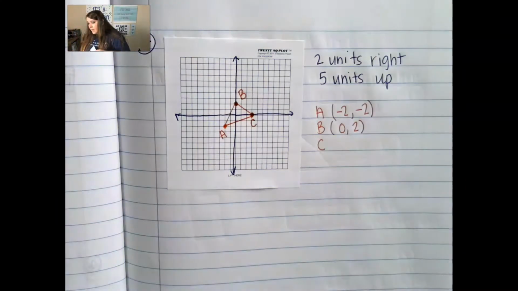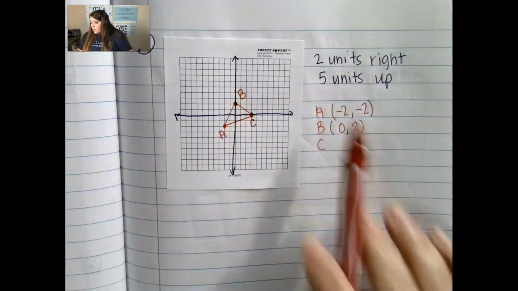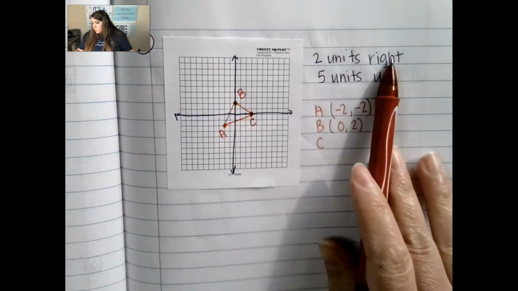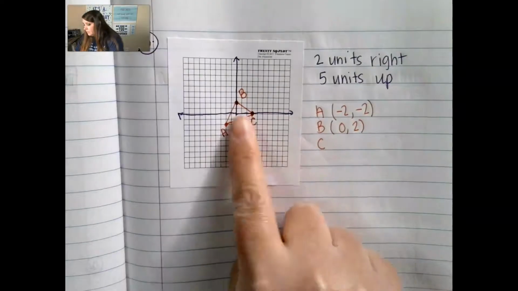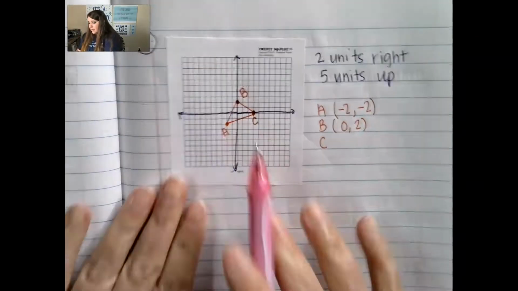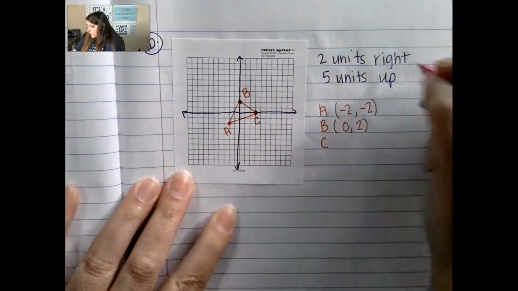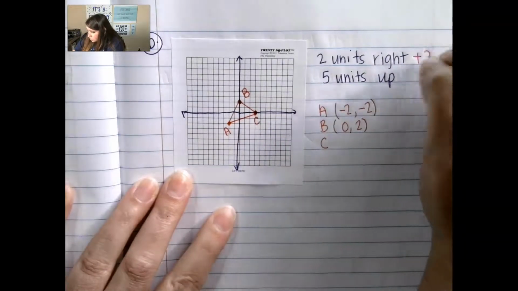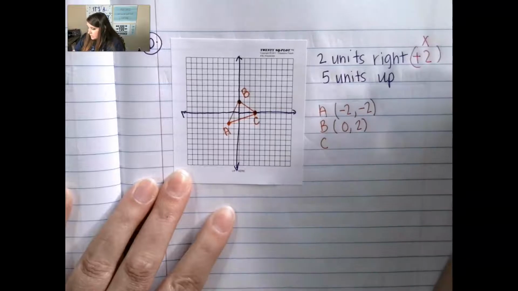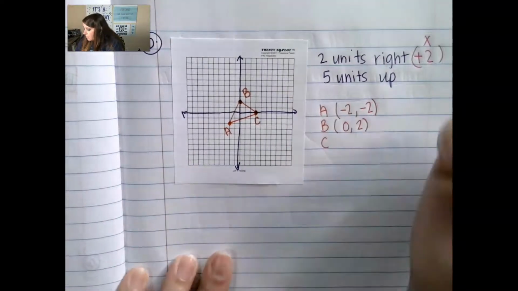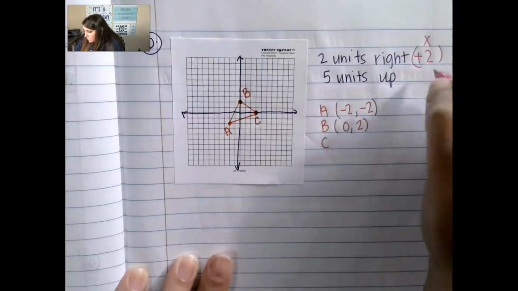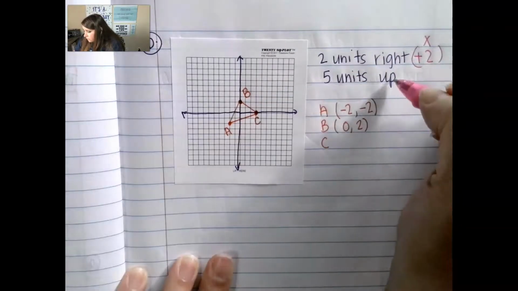All right, now we're going to translate this figure 2 units to the right. So if I'm sliding this 2 units to the right, if I go towards the right, that means I'm increasing on my number line. So really I'm adding 2 to X. And then my second step is 5 units up. So my Y value says that I'm going to go 5 units up.